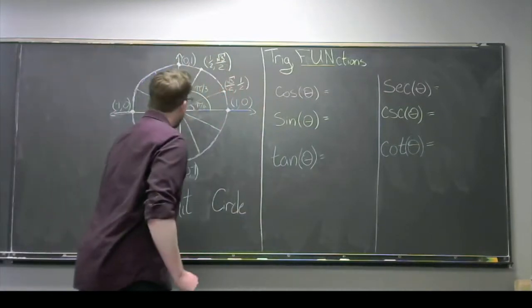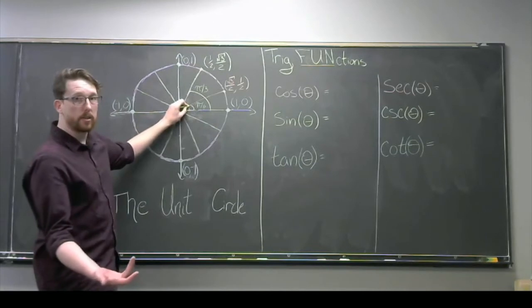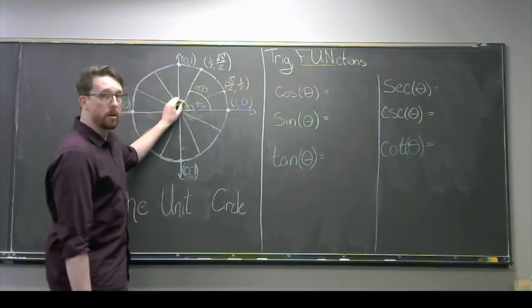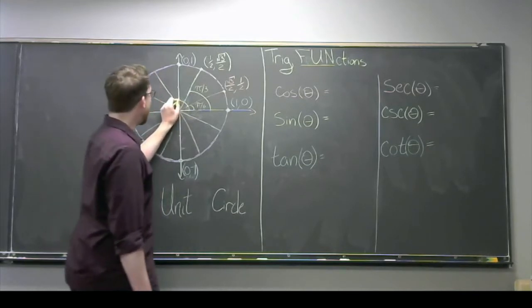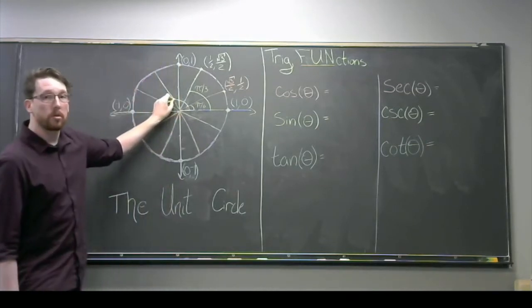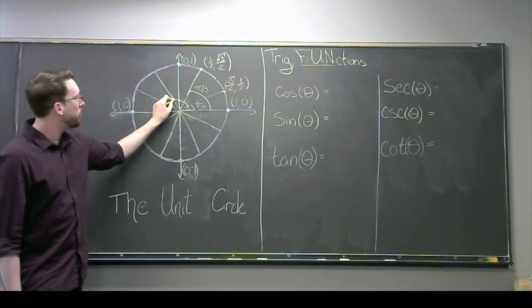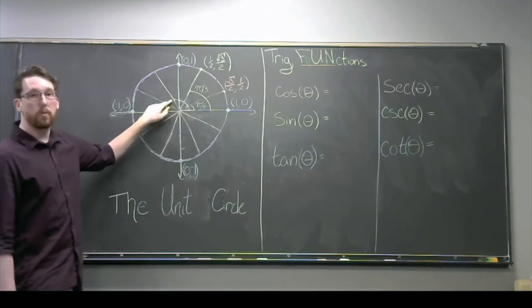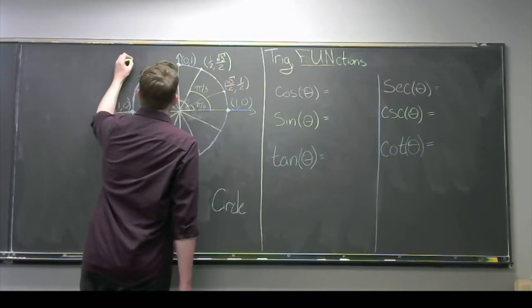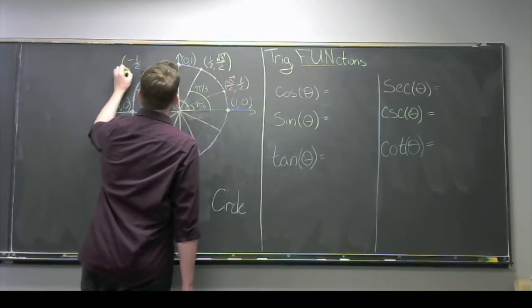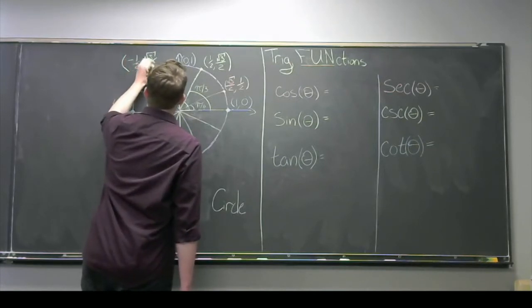So, what I am saying is, if we move at first pi over 6, and then pi over 3, and then pi over 2, and now we go to 4 pi over 6 radians, so we're at 2 pi over 3 radians, what we'll see is our x value is negative 1/2, and our y value is the square root of 3 over 2.